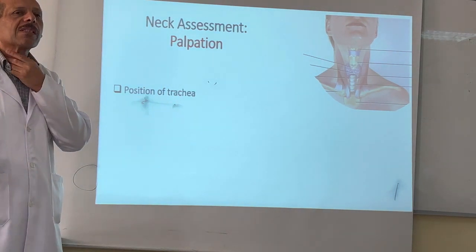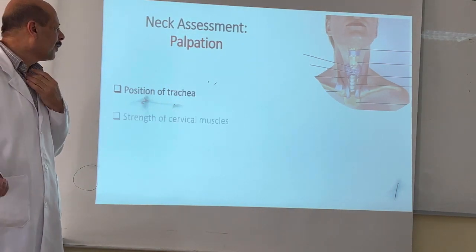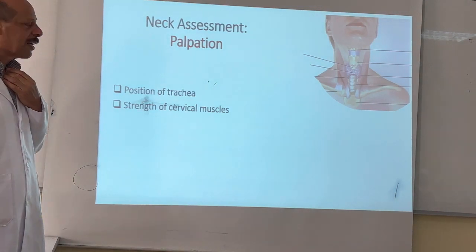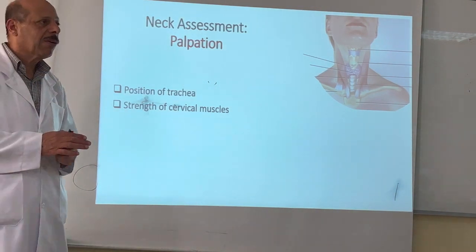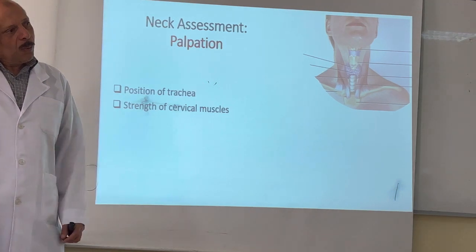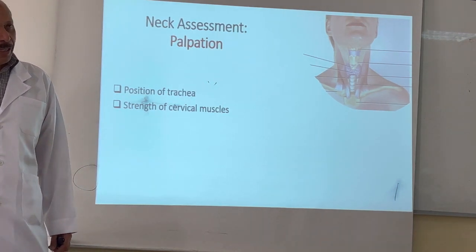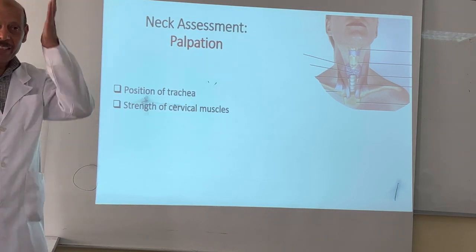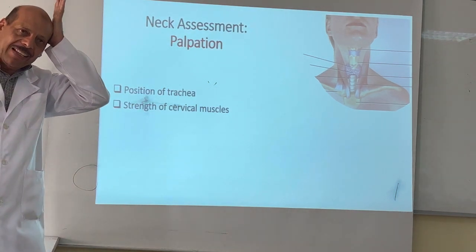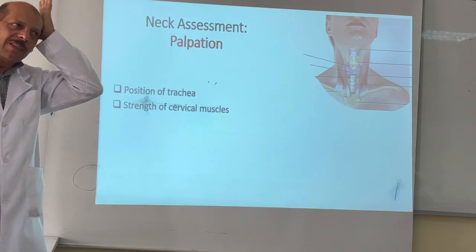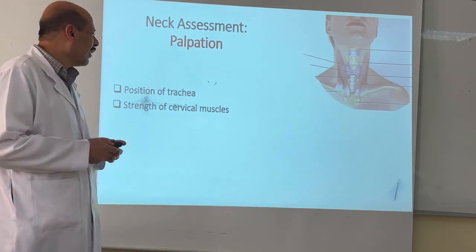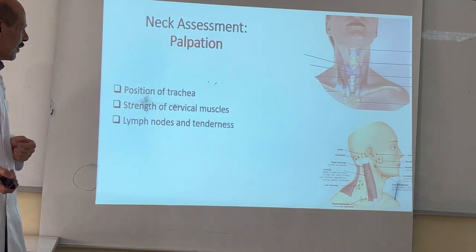There is smoothness, and we will feel the muscles also. So strength of the cervical muscle: we can sometimes do movement against pressure. We can put our hand on the patient's head and tell him to press there to see the strength of the muscle.